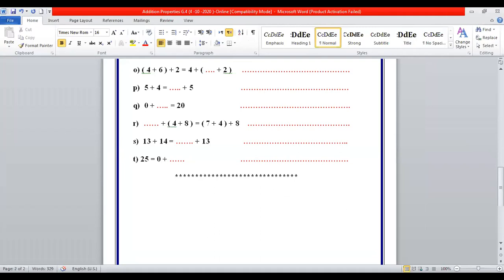For example, I have 4 plus 3 plus 2. To find the sum here, we start by adding two numbers and then add the result to the third number.